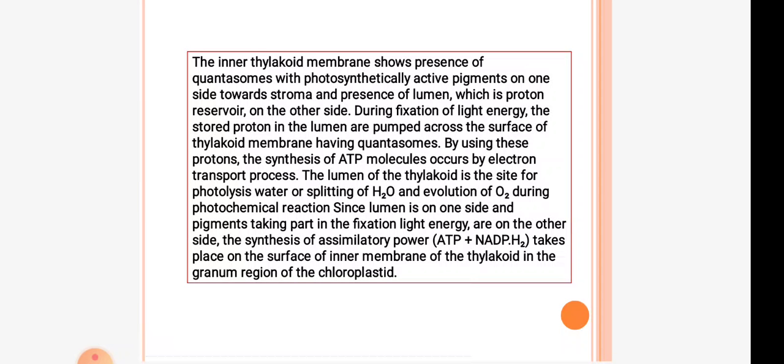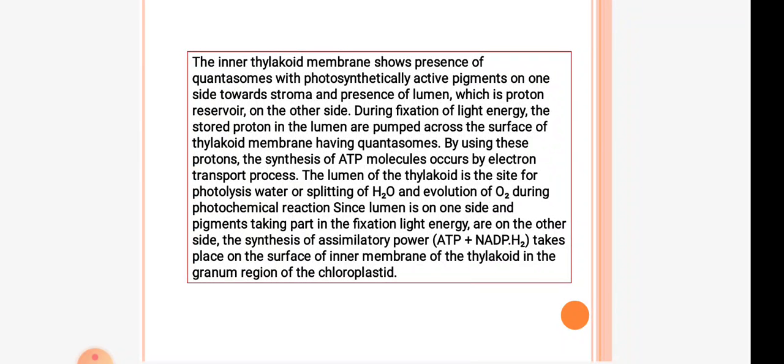The inner thylakoid membrane shows the presence of contasomes with photosynthetically active pigments on one side towards the stroma, and the presence of lumen which is with protons on the other side. During fixation of light energy, the stored protons in the lumen are pumped across the surface of the thylakoid membrane having contasomes.